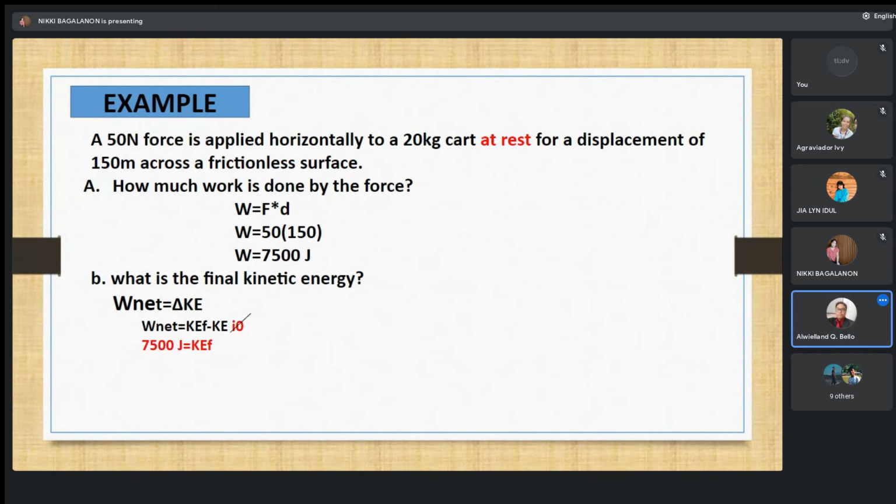Since the initial kinetic energy is 0, you are safe to say that the final kinetic energy must be equal to the work done. So the final kinetic energy is also 7,500 joules.